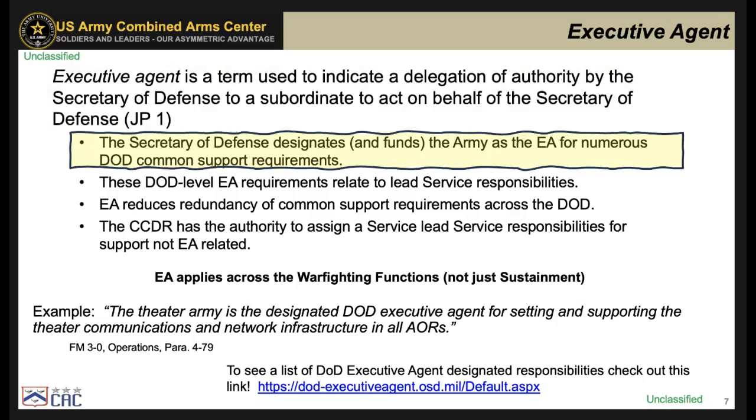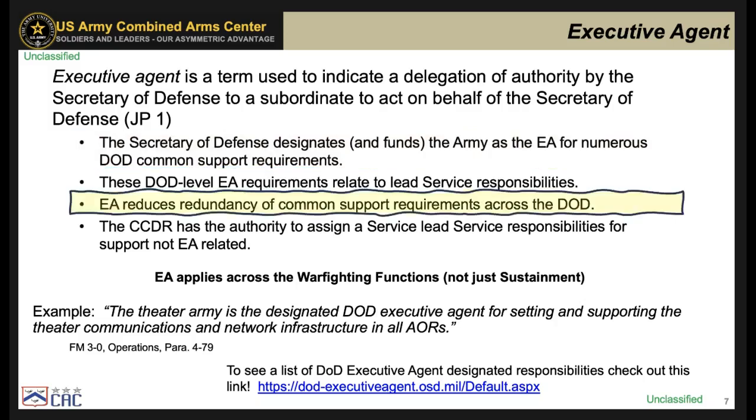The Secretary of Defense appoints the Army as the executive agency for numerous DoD common support requirements. So by centralizing these responsibilities, the executive agent model significantly reduces the redundancy of support efforts across DoD.